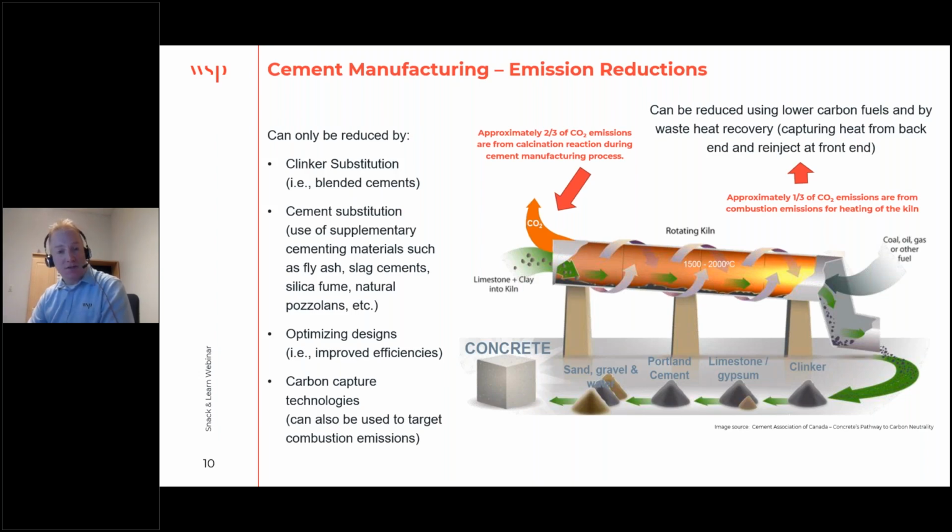Whether it's substitution, use of blended cements, using supplementary cementing materials such as fly ash or slags, optimizing designs, improving efficiencies. Why are we designing 50 megapascal concrete if we only need 35, for example? And certainly as we move into the future, the use of carbon capture technologies will also be extremely important to target combustion emissions.